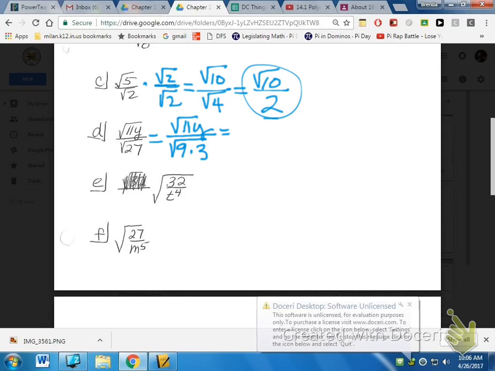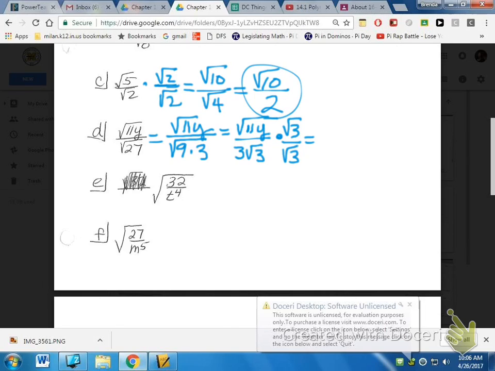So if I do that, that stays radical 11y. What's the bottom become? 3 radical 3. So really, I only need to multiply by not square root of 27, but just square root of 3. Do you see how I made that a little simpler then? And not getting into such big numbers?